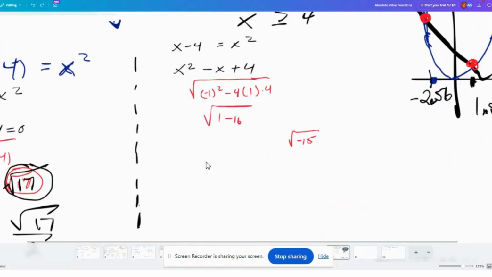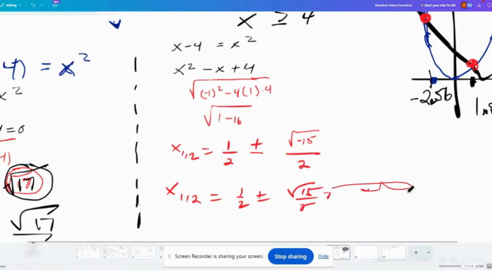So no judgment here. But let's finish it off. x1,2 is equal to negative b over 2a, so 1 over 2 plus or minus over that. And that's just going to give us root 15 over 2i, proving that they never cross.